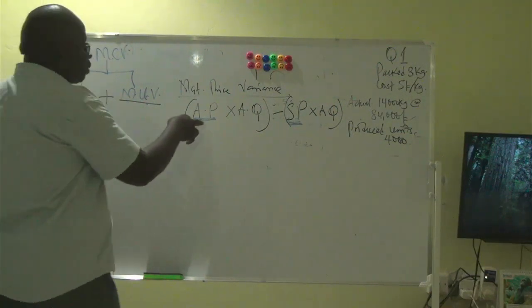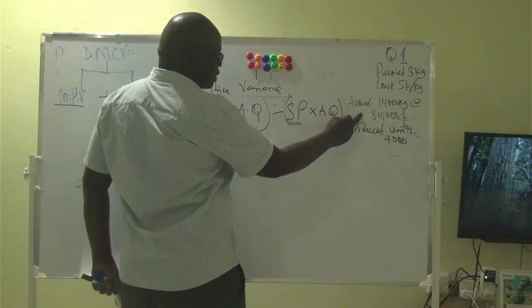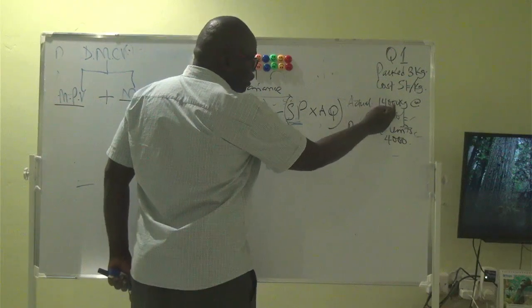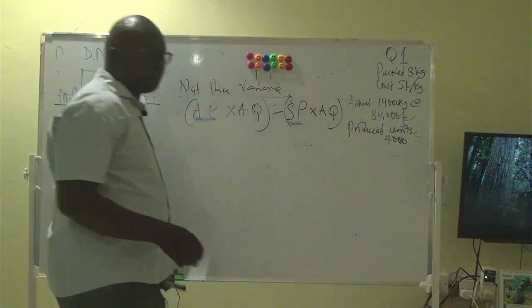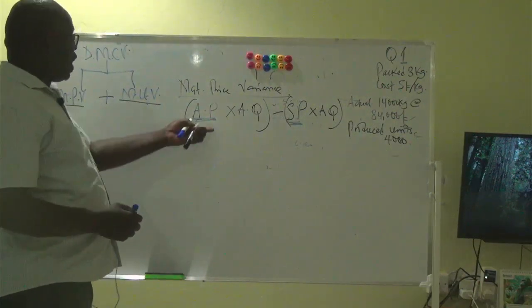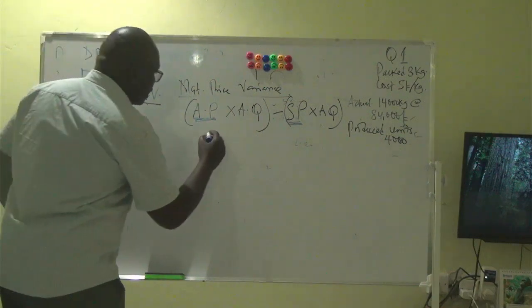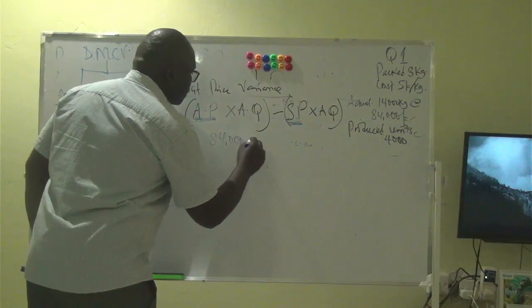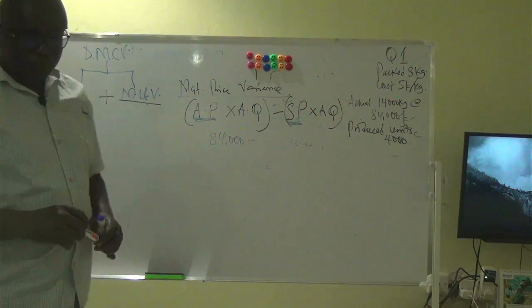So our actual price times actual quantity has been given to us: the actual quantity of 14,000 kilograms, which cost 84,000 shillings. The figure is 84,000 shillings.